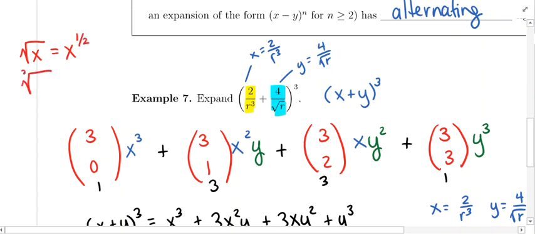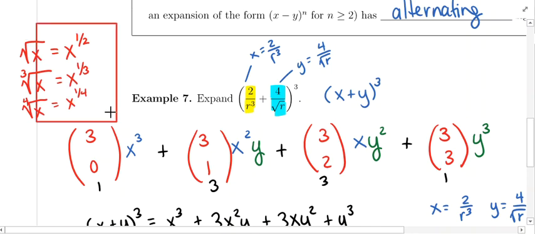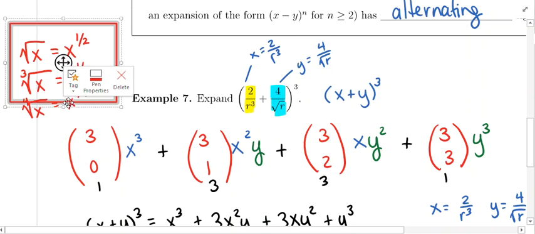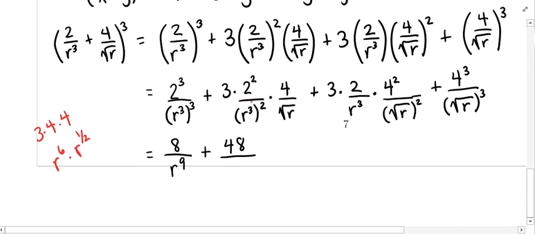Similarly, if you have a cubed root, it is the same thing as the 1/3 power. If you have a fourth root, it is the same thing as the 1/4 power, and so on. If you've never seen that before, you probably should know it for doing this in case you have some radicals involved.